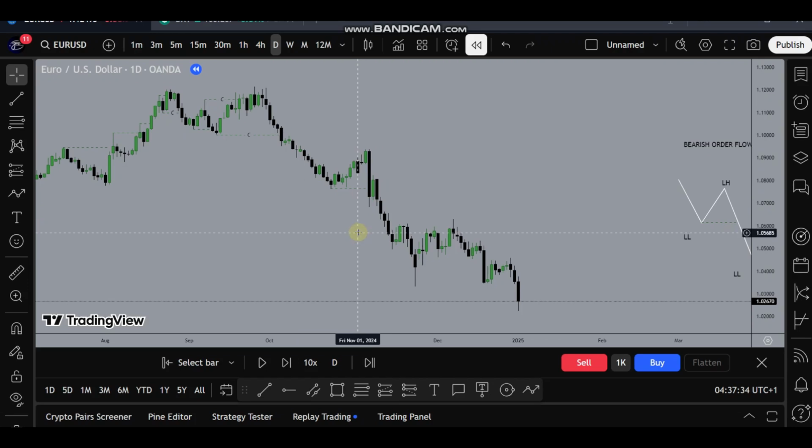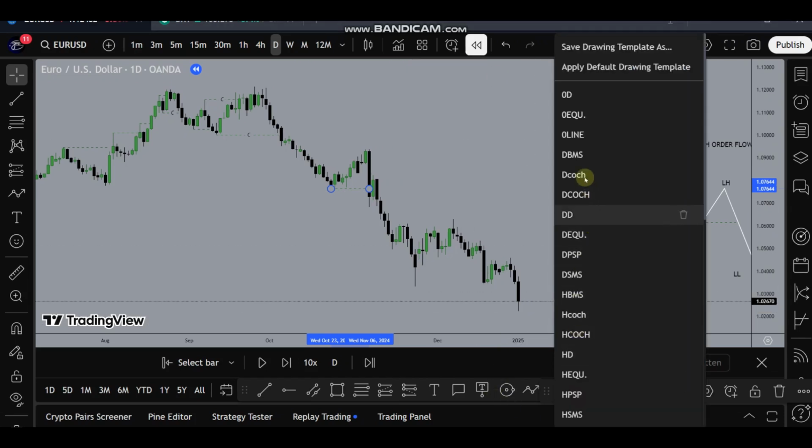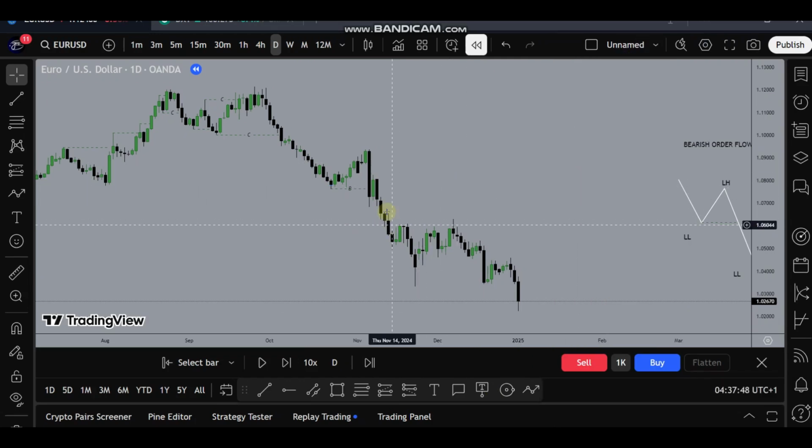After price broke structure here, price moved down until it created this low. Price made a swing low, that is a lower low, and then retraced back and then broke this structure. I have a break of structure again here.